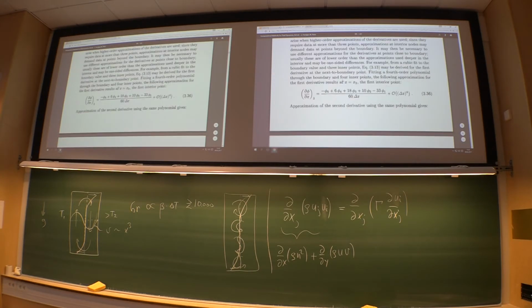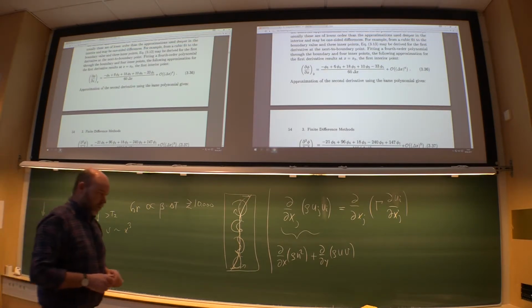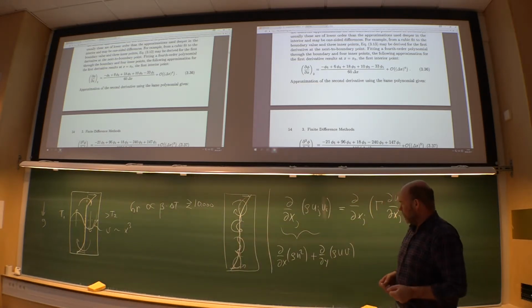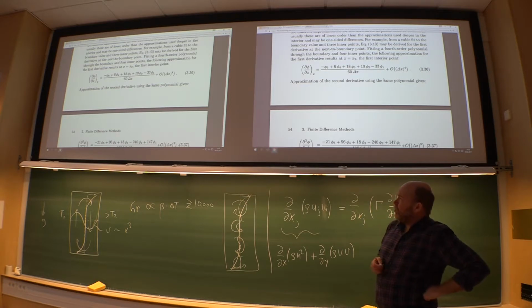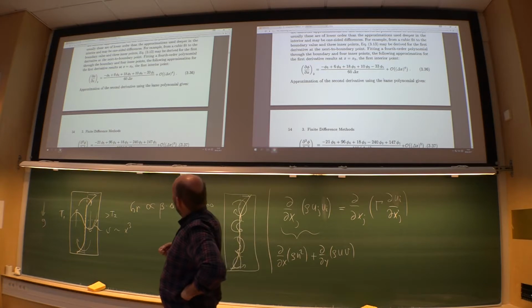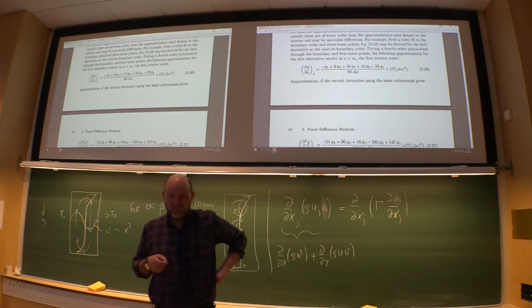Not so interesting. The boundary conditions, they can be a pain. But you find, if you search for it and you need it, say, a derivative on the boundary, and you want it to be of high order accuracy. Then here you have a fourth order accurate scheme, but you see how many points you have to use.